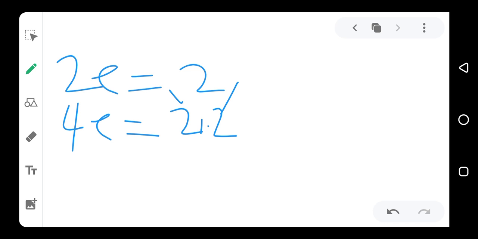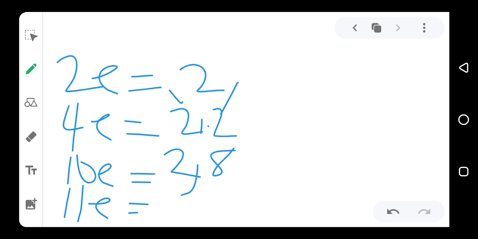Then for the one that has 10, it is equal to 2. How many is remaining now? 8. So you put 8 in the second shell. Then for the one that has 11, it is equal to 2 in the first one.